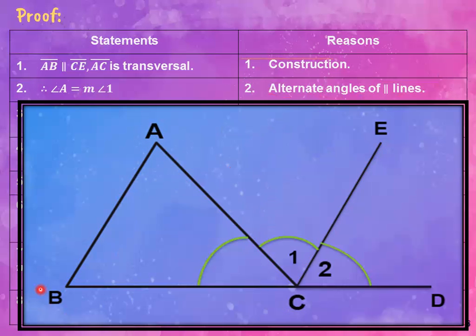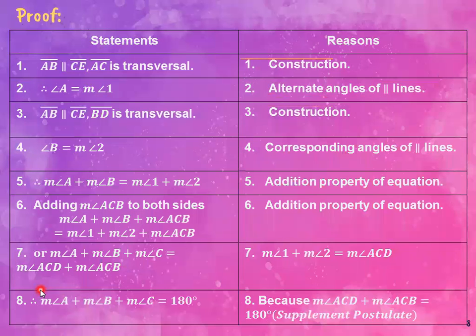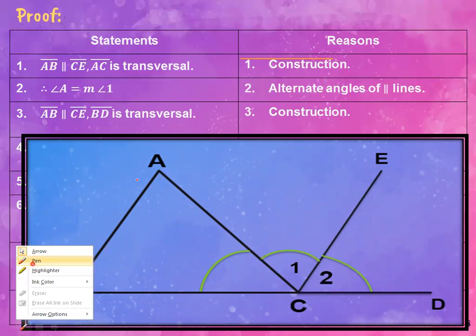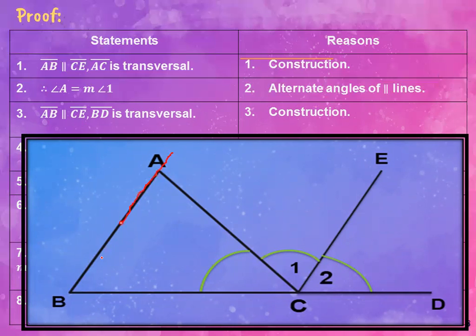Now move on to the third statement. What is your third statement? This is very important. AB is parallel to CE. It is clear to all of you that this AB is parallel to this CE. But again you have another transversal, which is BD.